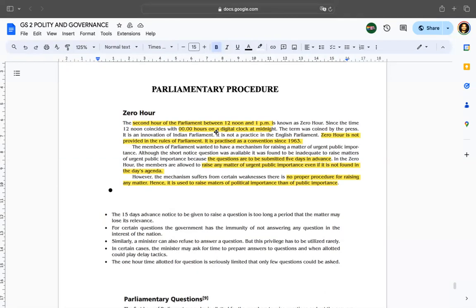Then, if we talk about leader of house and leader of opposition, these are two important designations we have, not in the Indian Constitution, but in the rules of both the houses.